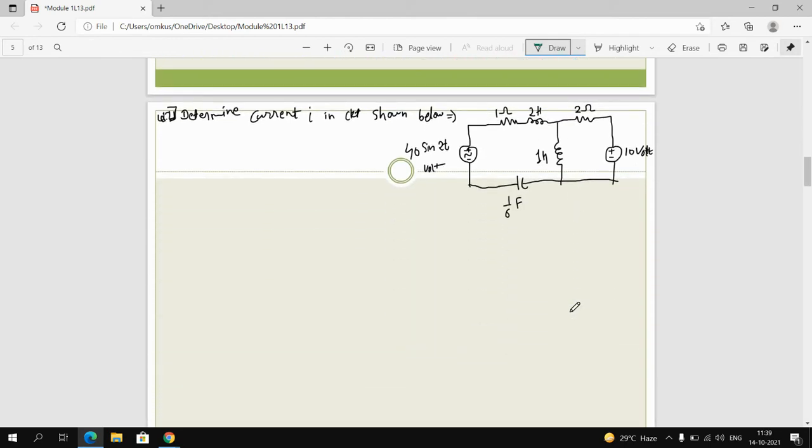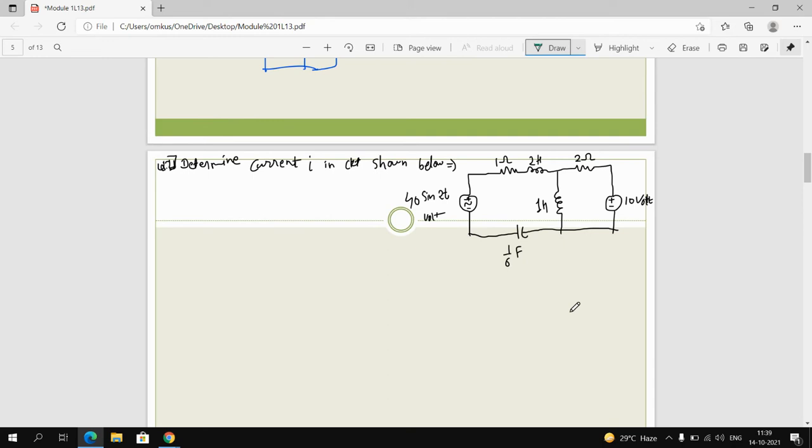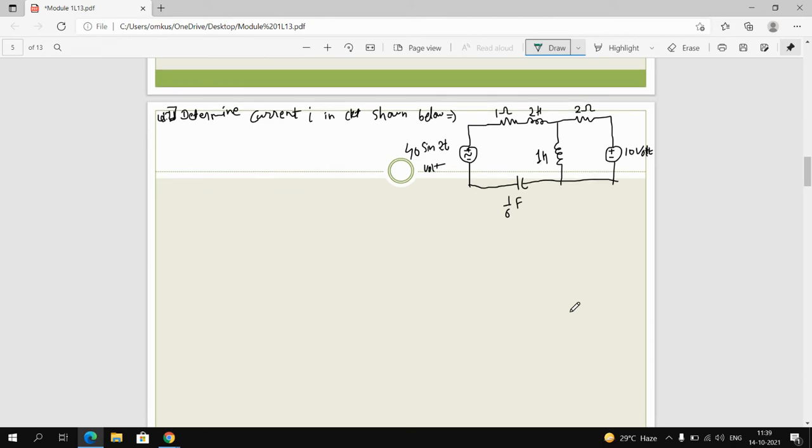Now see, I hope you are calculating this value also. Which theorem are you using for calculating the current I in this branch? Yes, anyone?